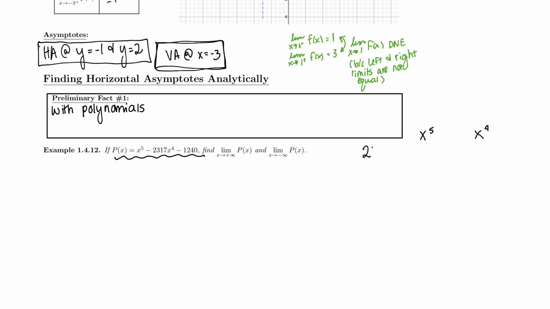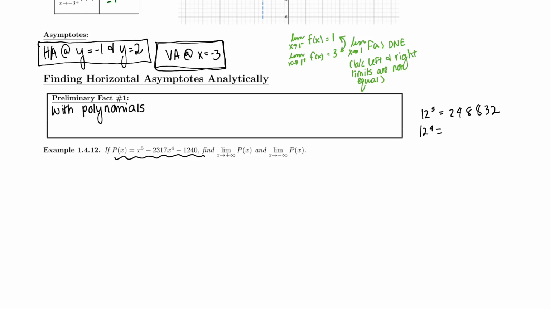Let's pick 12. If I plug in 12 to either of these, 12 to the 5th is 248,832.